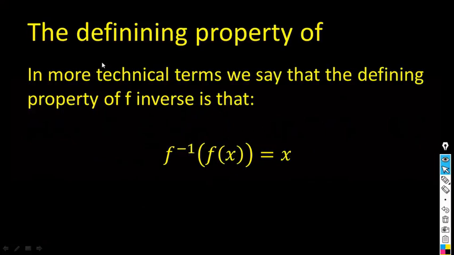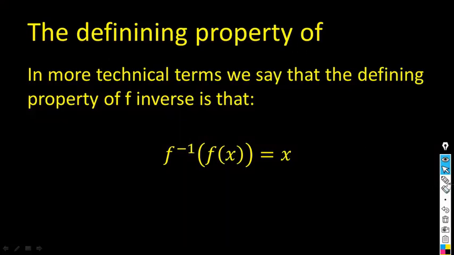And that's actually the defining property of this function. The defining property of f inverse is the following. In more technical terms, we say that the defining property of f inverse is that f inverse evaluated in f of x is equal to x. Why? Because this is the output of the original function, right?